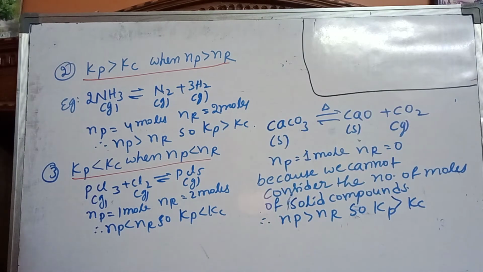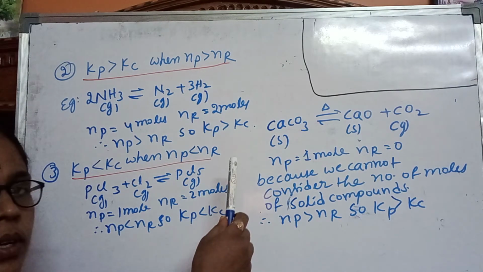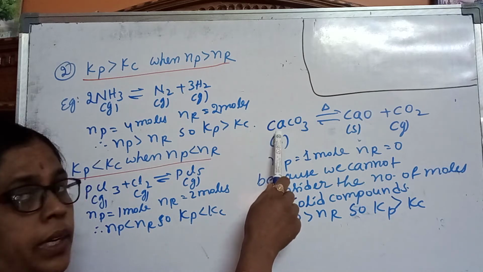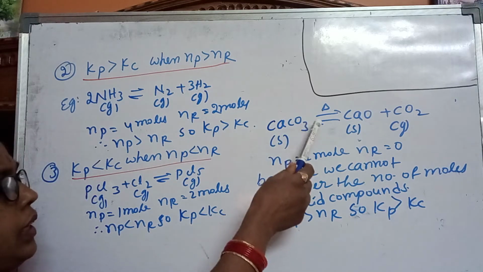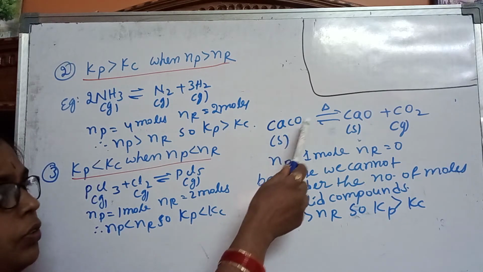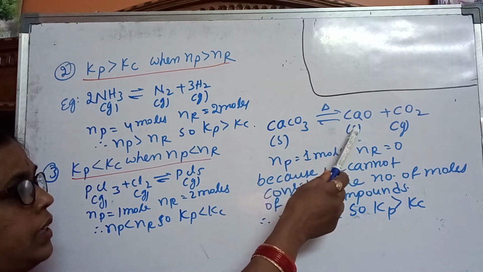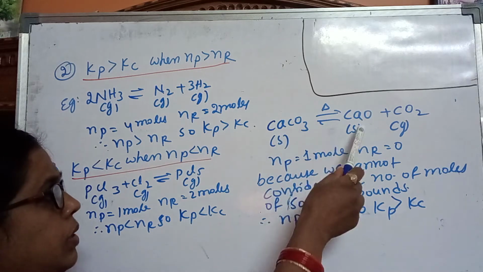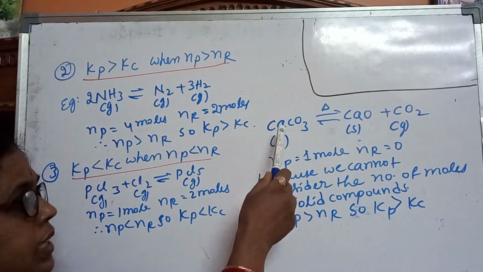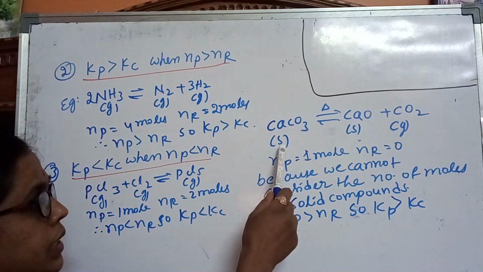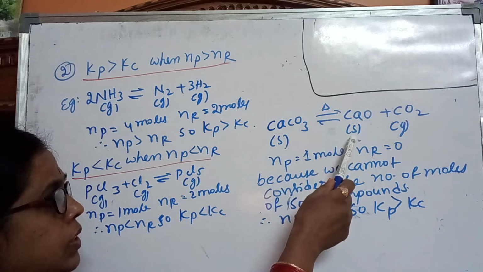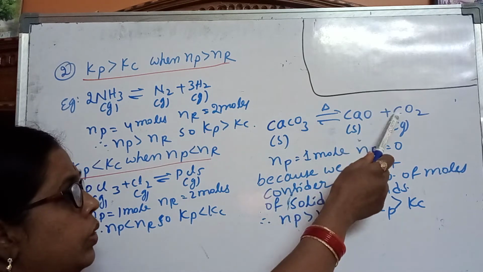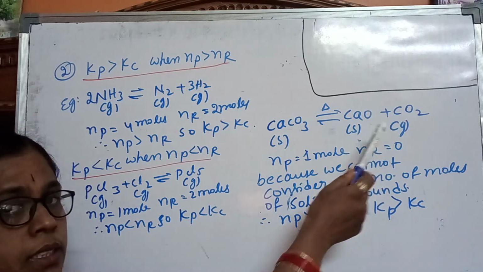Now one more example. Calcium carbonate, by heating, undergoes thermal decomposition to form calcium oxide and carbon dioxide. In this reaction, calcium carbonate is present in solid state, calcium oxide also in solid state, and only carbon dioxide is present in gaseous state.